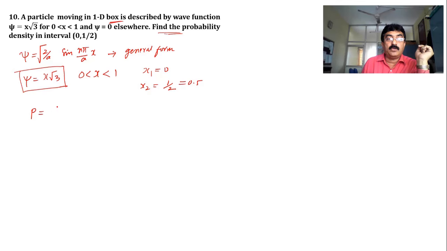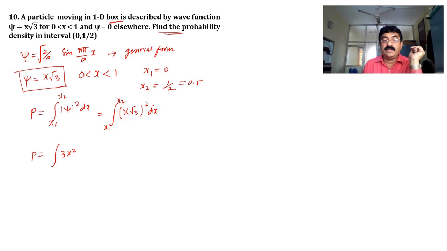P is equal to the integral of modulus of psi square dx between x1 and x2. That is the integral of x root 3 whole square into dx between x1 and x2. So that is the integral of 3x square, because square root of 3 whole square, into dx between x1 and x2. Very simple problem it is.